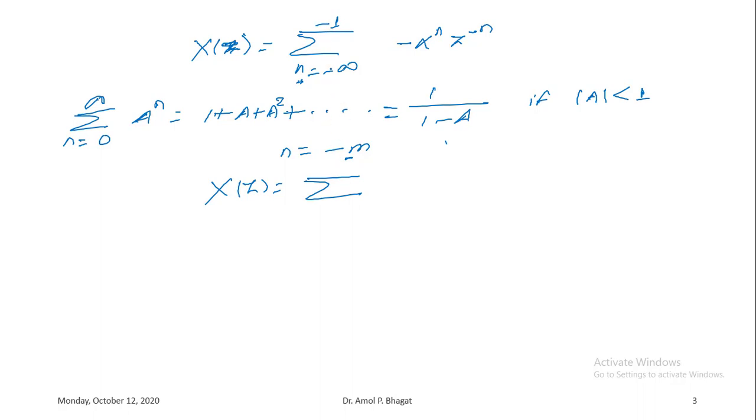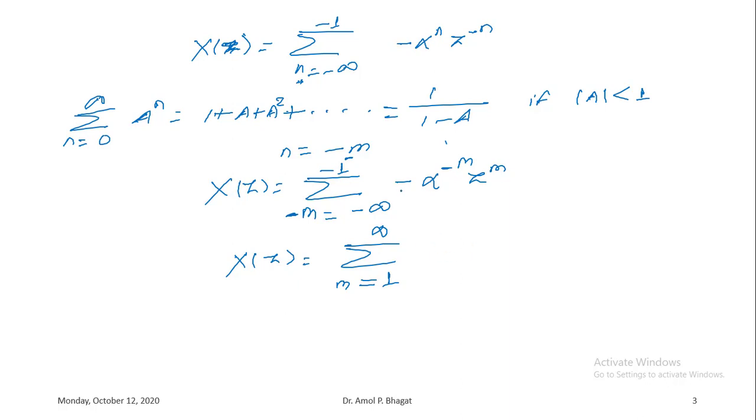So this minus will be plus, so instead of infinity to 1 it should be 1 to infinity, because lower value to higher value should be there. So m equals 1 to infinity will be there.